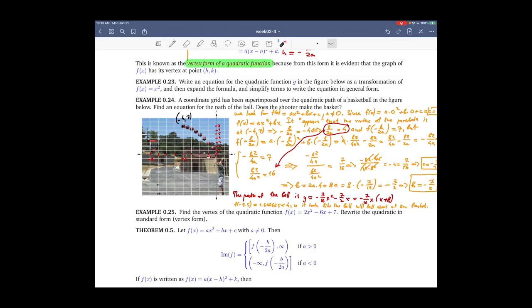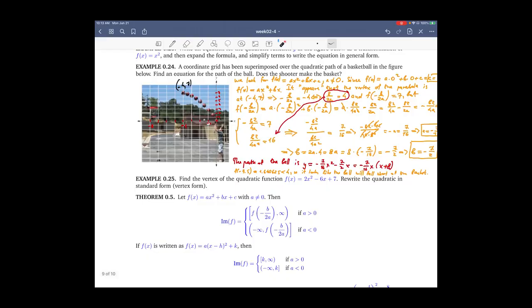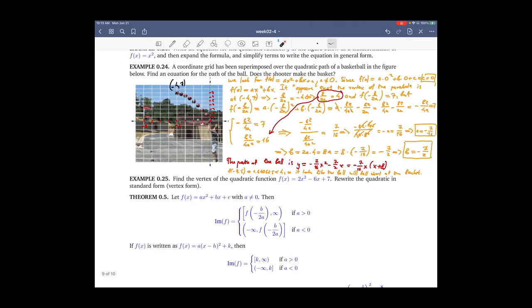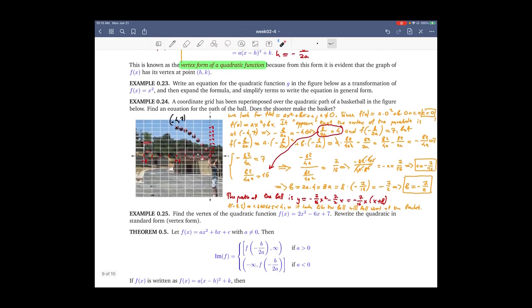Now, example 25. Find the vertex of the quadratic function. Rewrite the quadratic in standard form, which is vertex form.